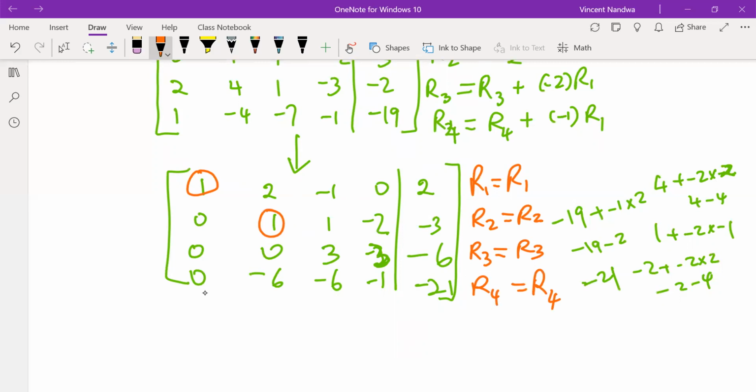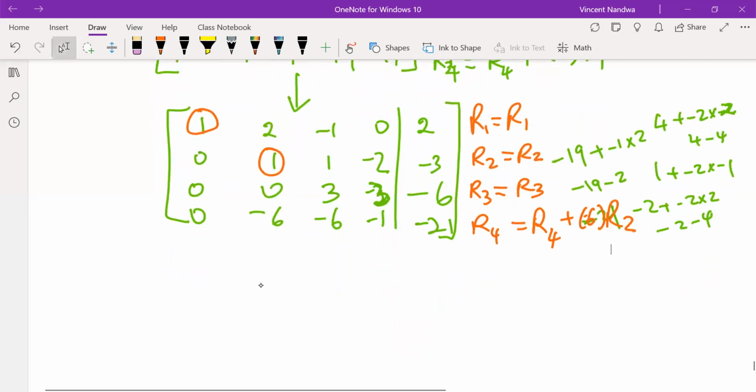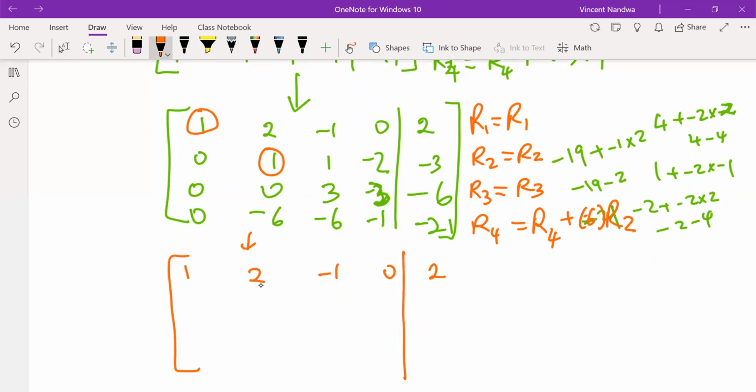We correct by row 2 plus 6 row 2, which leads to 1, 2, minus 1, 0, 2, 0, 1, 1, minus 2, minus 3, 0, 0, 3, minus 3, minus 6, 0.